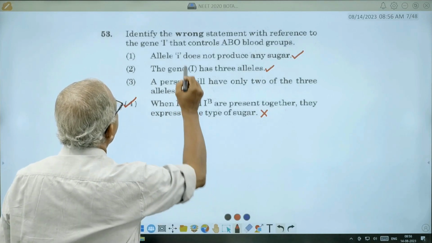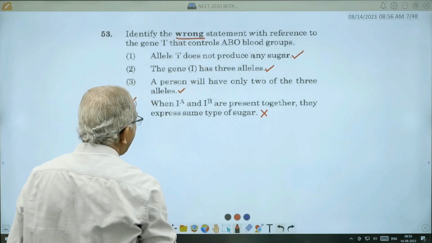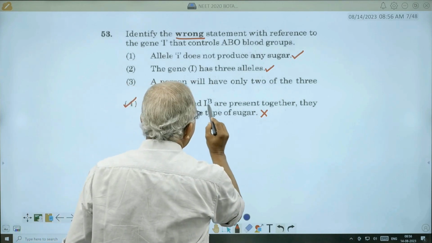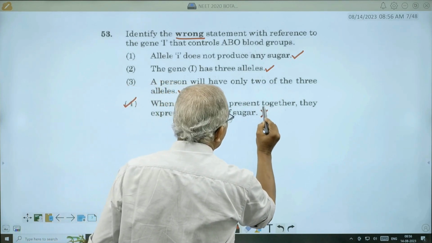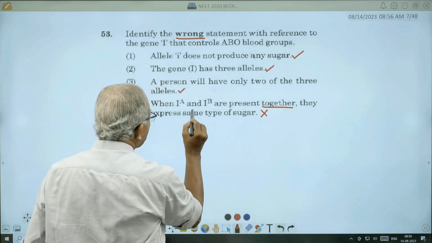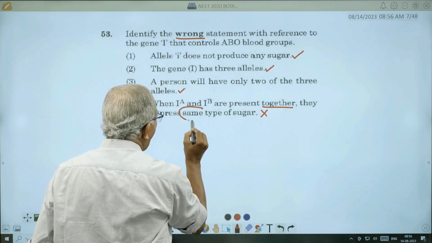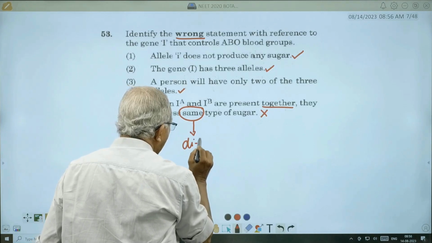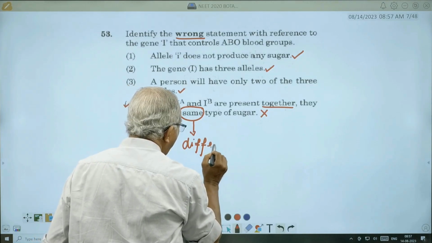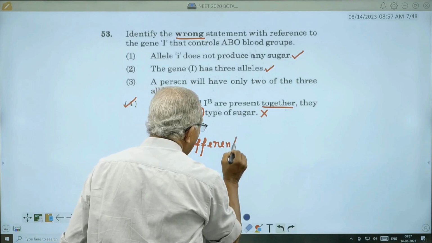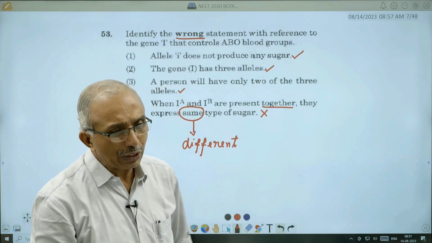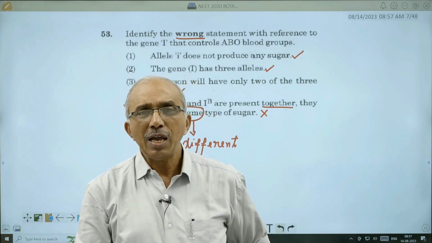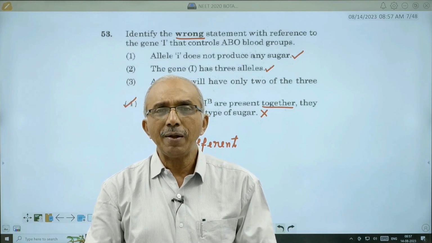And if you want a wrong statement, when IA and IB are present together, they express the same type of sugar. They express different types of sugar. IA produces its sugar, IB produces its sugar.